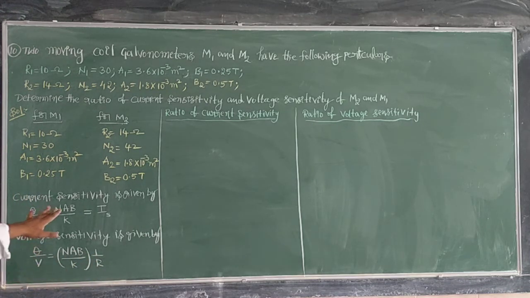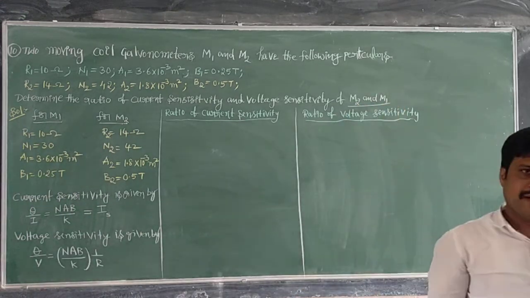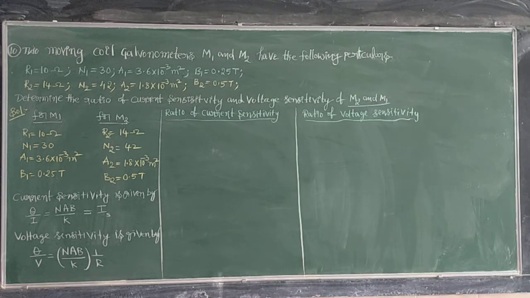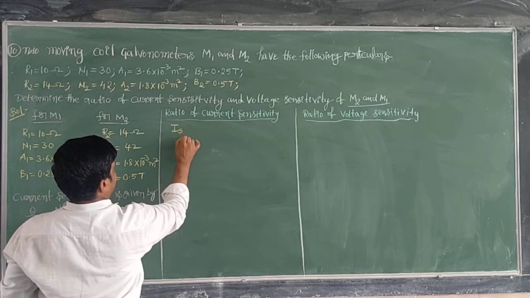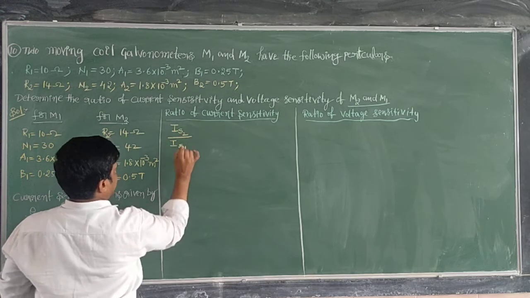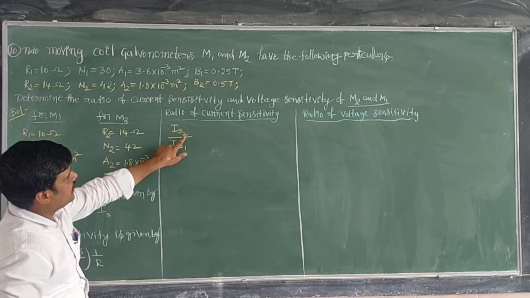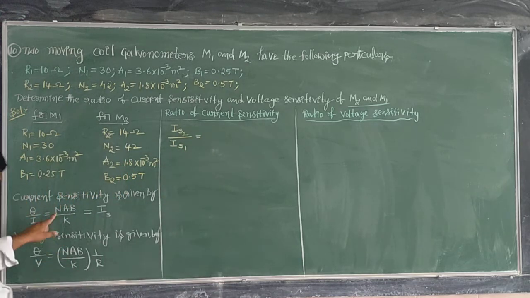Now we have to find the ratio of current sensitivity and voltage sensitivity for M2 and M1. First, current sensitivity IS2 divided by current sensitivity IS1. One is related to the second coil, the other to the first coil. What is the formula?